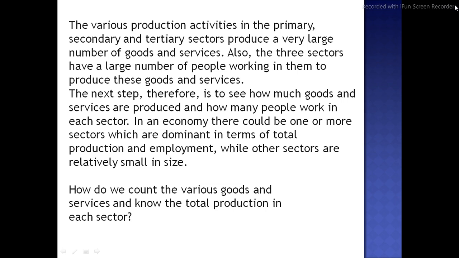After that, we look at how much of the different goods and services are produced, and how many people are working, in which quantity. There can be a comparison where one sector is large and another is small in terms of production, or employment. So how do we count the various goods and services and know the total production in each sector? Let's check.